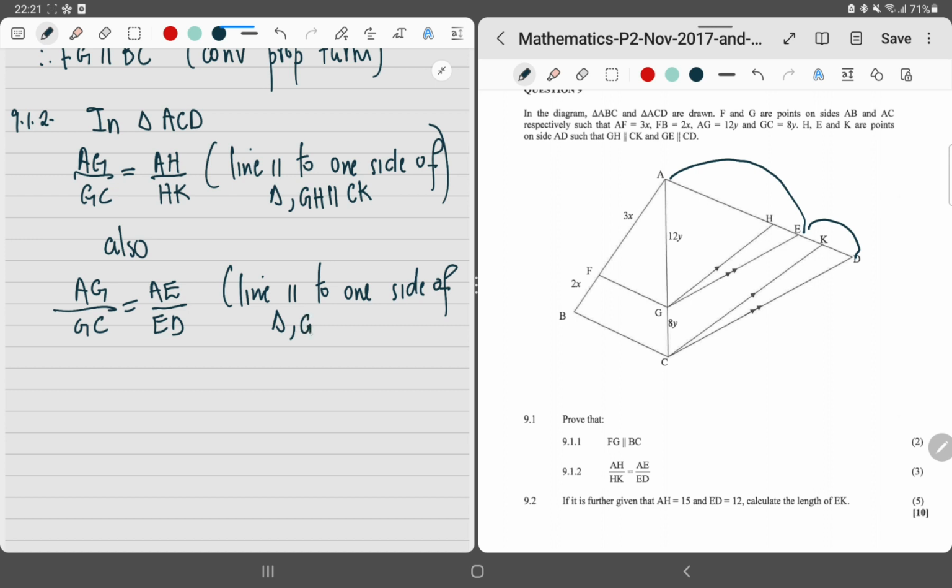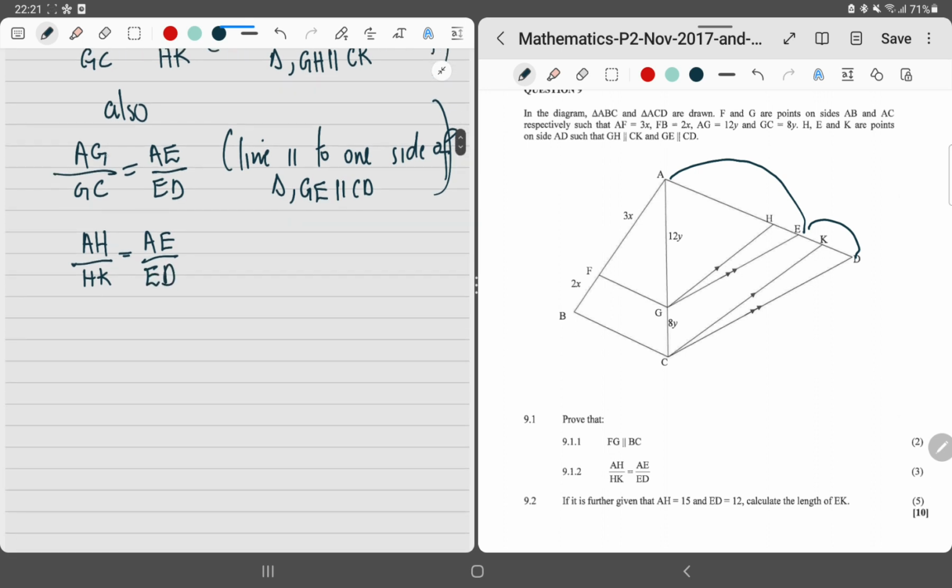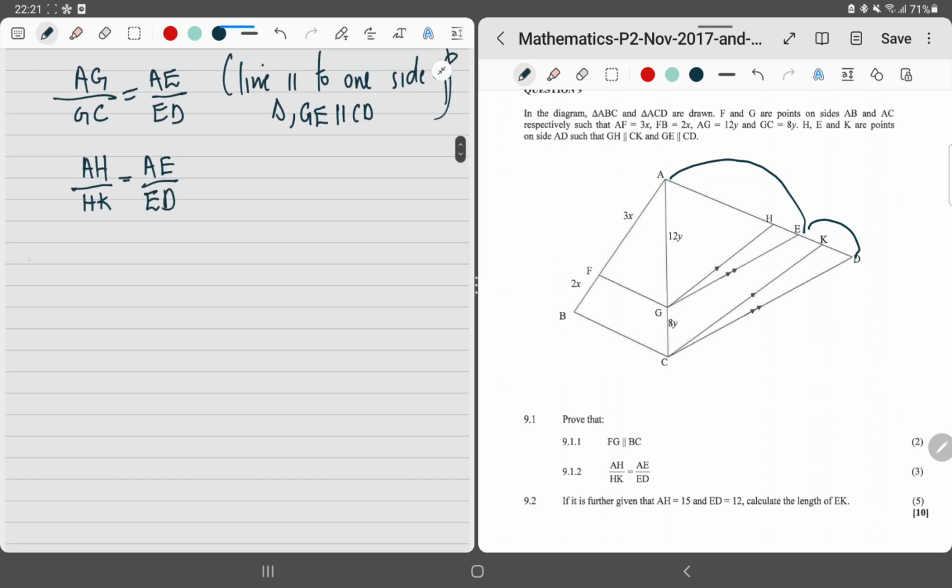And that line is GE parallel to CD. So as you can see, AH over HK is equal to AE over ED. They are both equal to AG over GC.